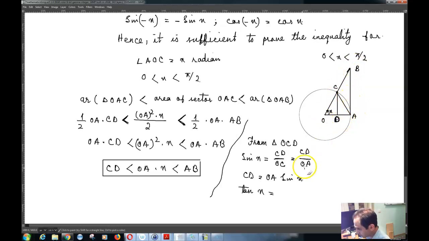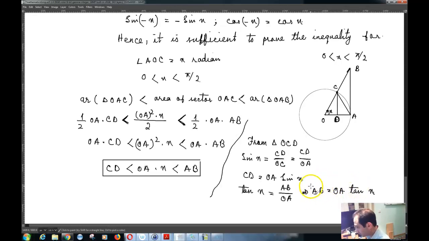If you take your X in this triangle OBA, then you can write tan of X is equal to AB to OA, and hence AB is equal to OA tan of X.